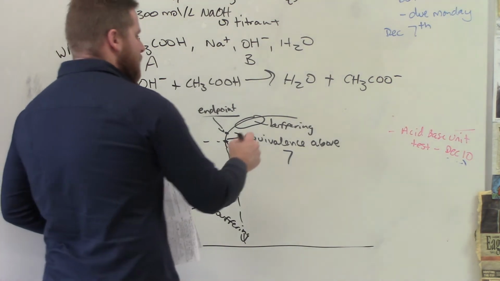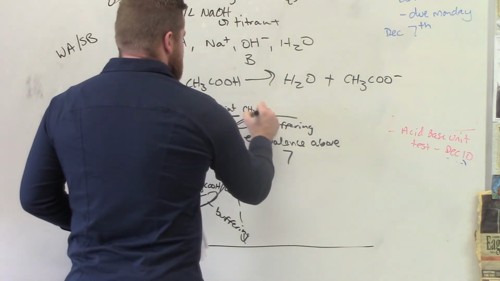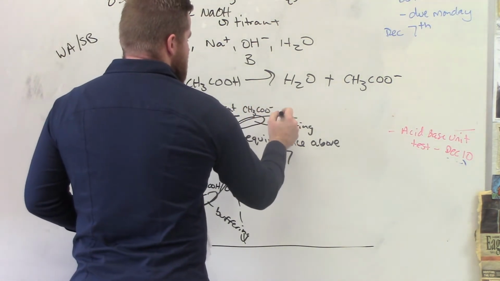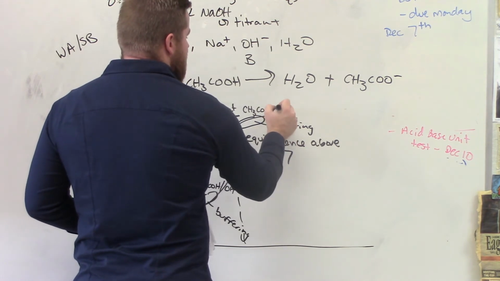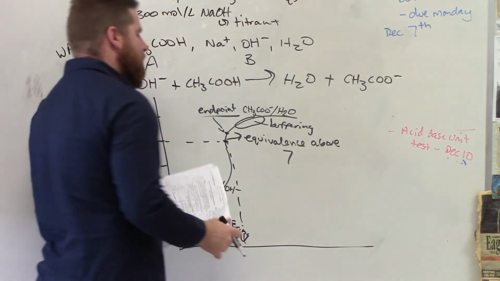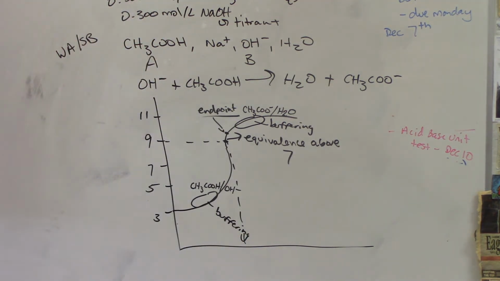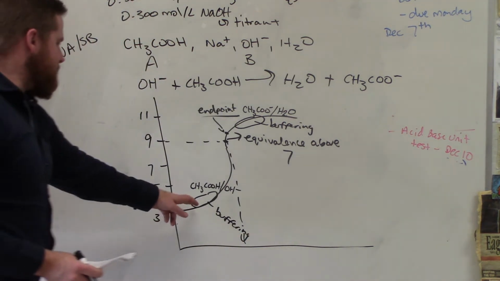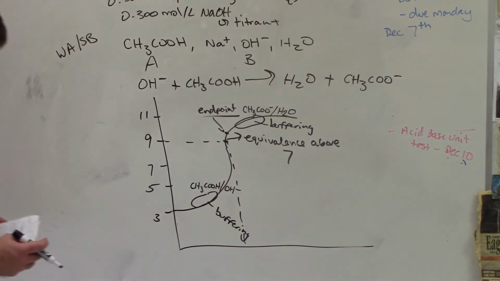And then here, this is CH3COO negative and H2O. Okay, so that's where the buffering regions are on the graph. So you need to be able to pick those out.